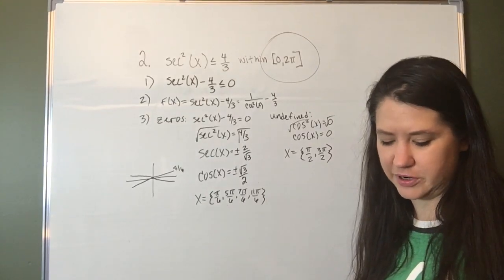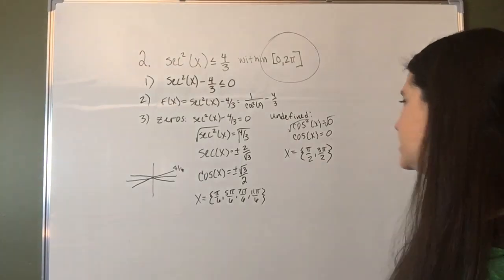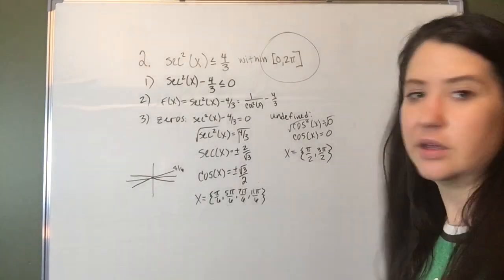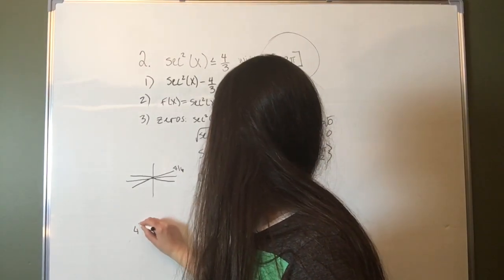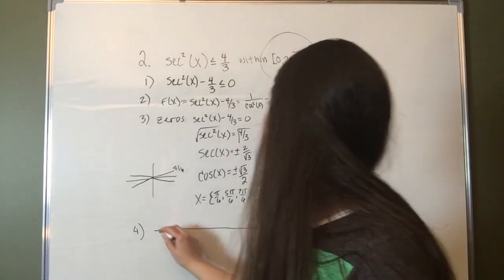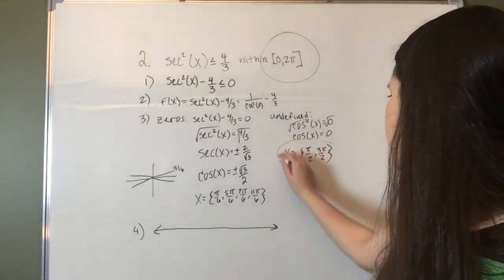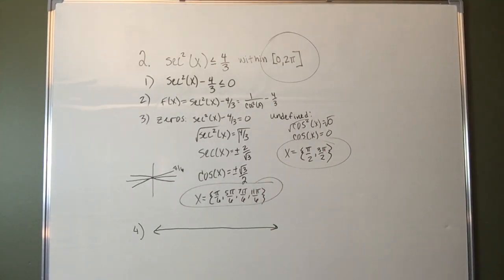Moving on to step 4. Put the solutions from step 3 on a number line and create a sign diagram. All right, so I'm going to squeeze step 4 down here. So we're making a number line. We want to put all of the answers we got from step 3 on this number line in order.